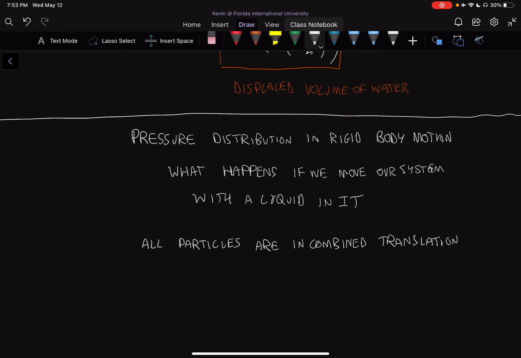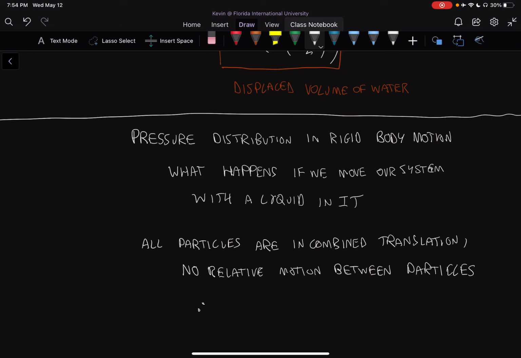There's no relative motion between the particles. So if we move a cup from left to right and we don't stir the water or anything like that, let's say it's a perfect movement from left to right, we're not going to get any mixing of the particles.